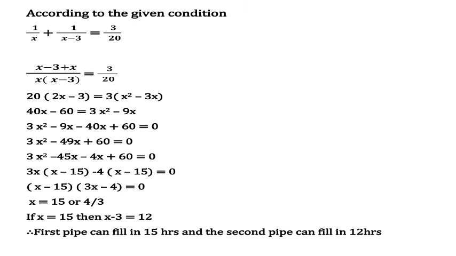Simplify the equation, form a quadratic equation. x will be equal to 15 or 4 by 3. Neglect 4 by 3, consider x as 15, then x minus 3 will be equal to 12. So the first pipe can take 15 hours to fill, and the second pipe can take 12 hours to fill the cistern or the tank separately.